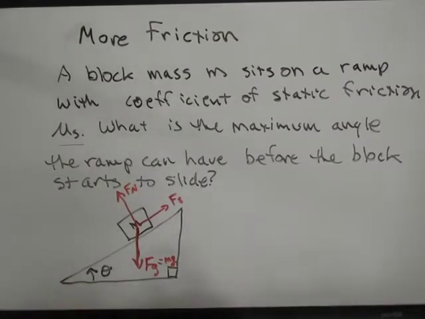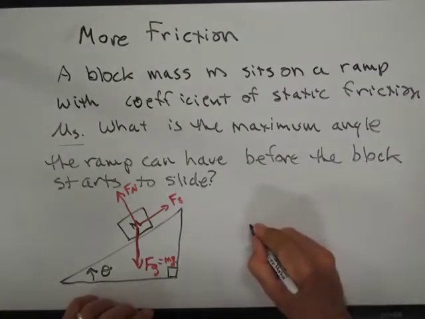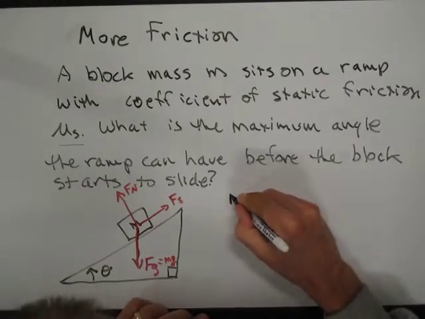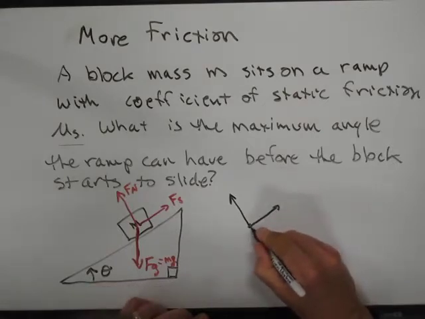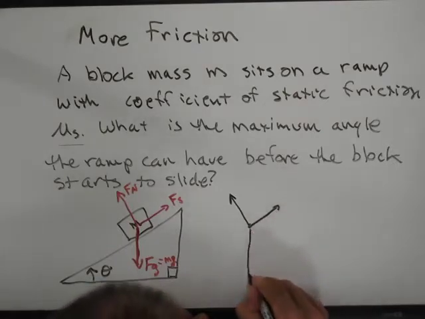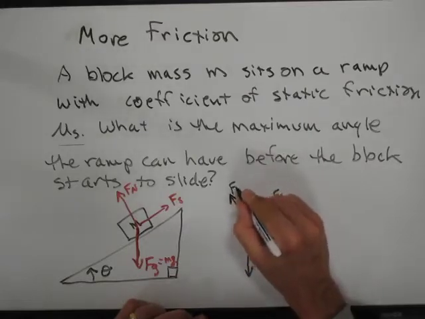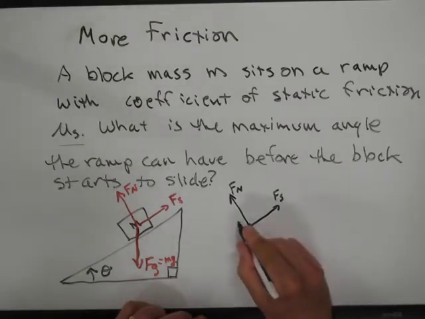Maybe we don't even know how we're going to get theta out of this, but I know this is a Newton's laws problem, and so I know how to solve it. I'm going to start with a free body diagram and draw my forces. There's the force of static friction, there's the normal force, there's the force of gravity. It's not sliding, but if it accelerates, it's going to go this way down the ramp.